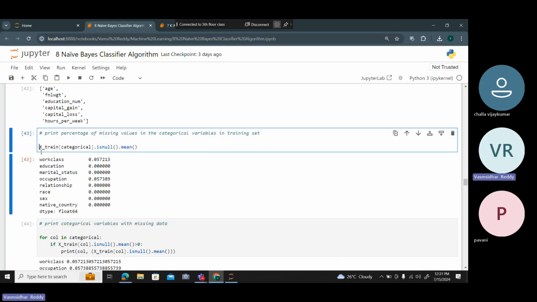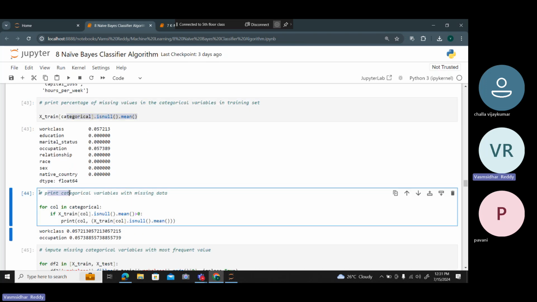Is there any null value in the categorical variables? I am going to print the categorical variables with missing data.